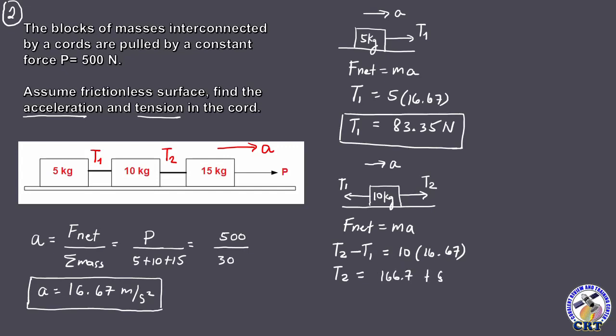Our T1 is 83.35. Solving for T2, this will give us 250.05 newtons. So this is our T2 for this example.